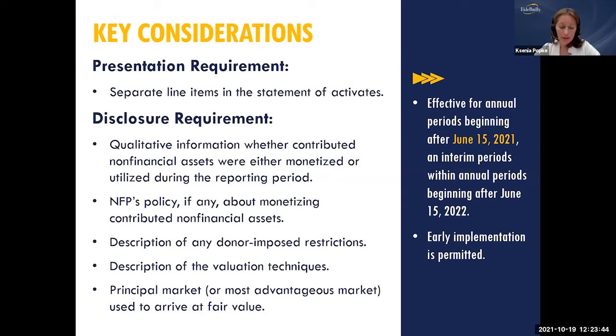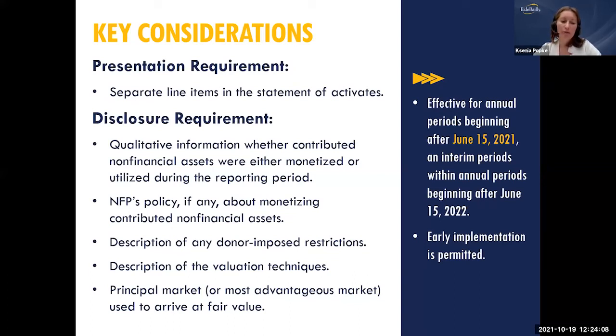The principal market would be the market with the greatest volume and level of activity for that asset. So for the most part, a lot of not-for-profits, a lot of our clients, operate locally in the United States, and the potential valuation between geographic markets might not differ materially.